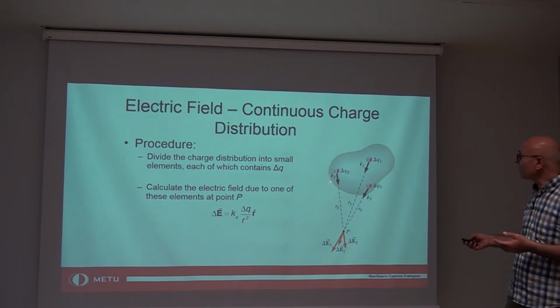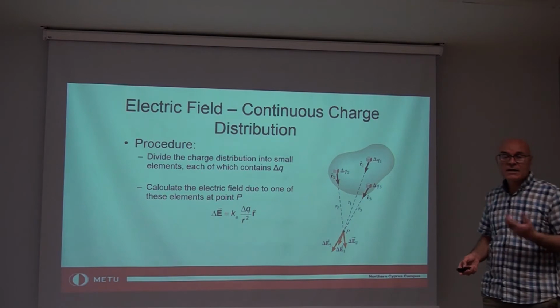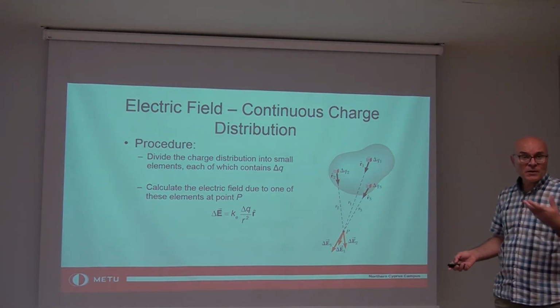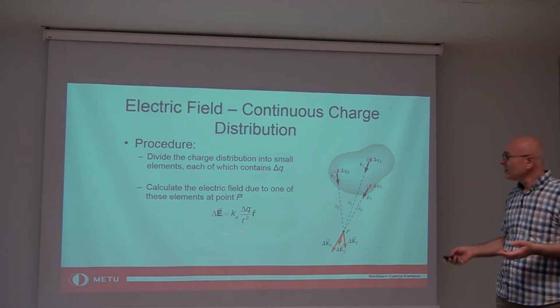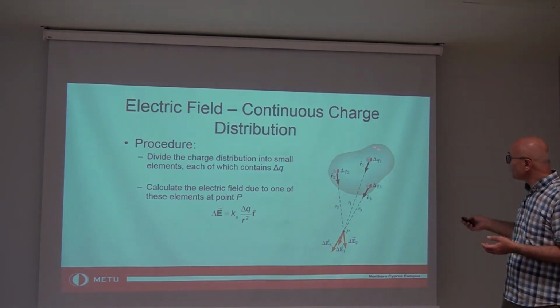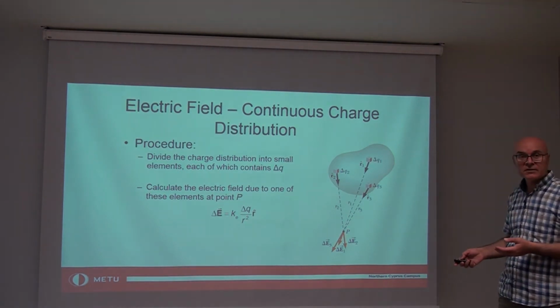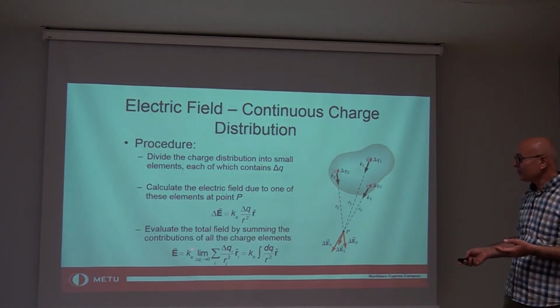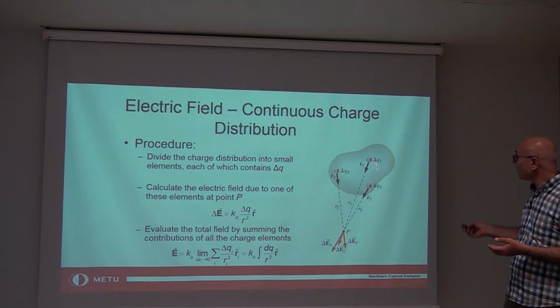This is the expression for the electric field of any one of these at this point P. Now, the total electric field at this point will be given by the linear superposition of the electric fields of all the delta Qs that you have taken to cover the whole charge distribution. And so you form this sum: the sum over i of k delta Qi over r squared r hat, summed over all these charges.